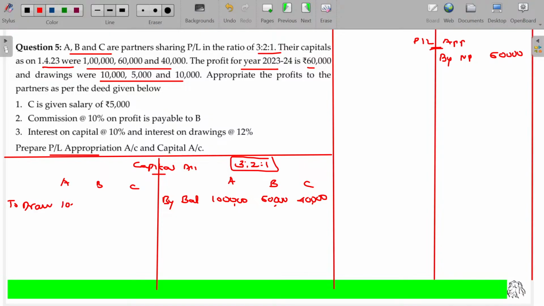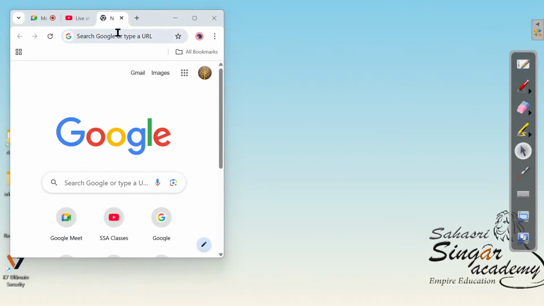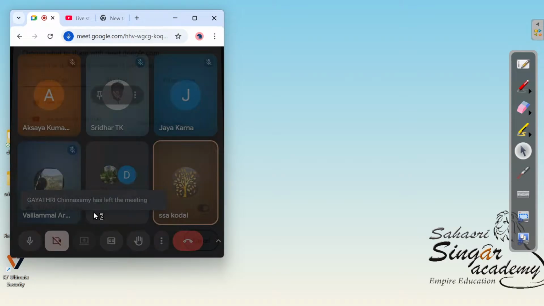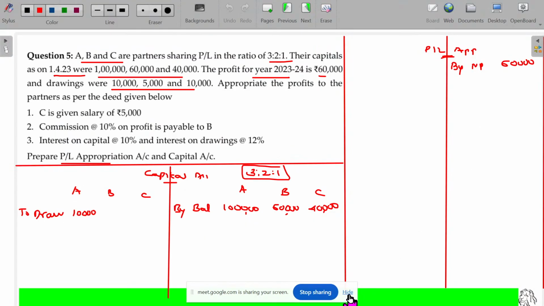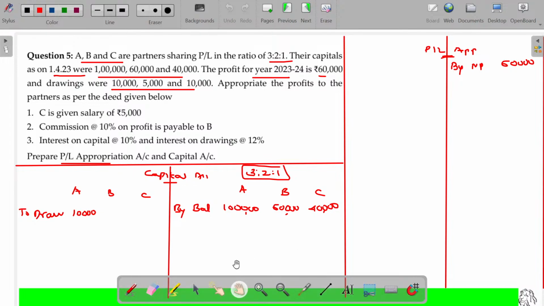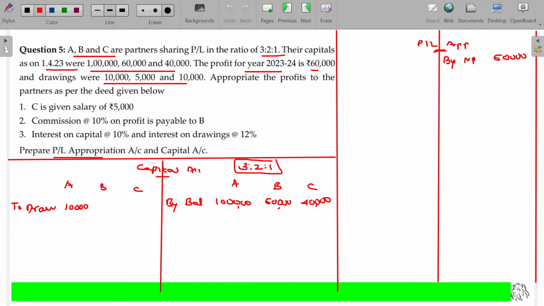So A, 10,000, B, 5,000, and C, 10,000. Appropriate the profits and losses to the partners.